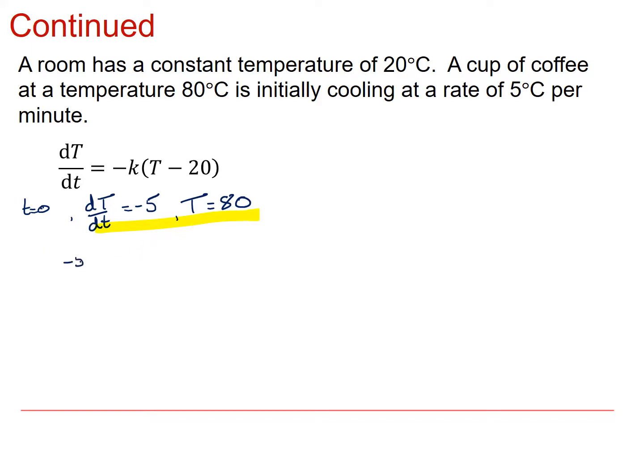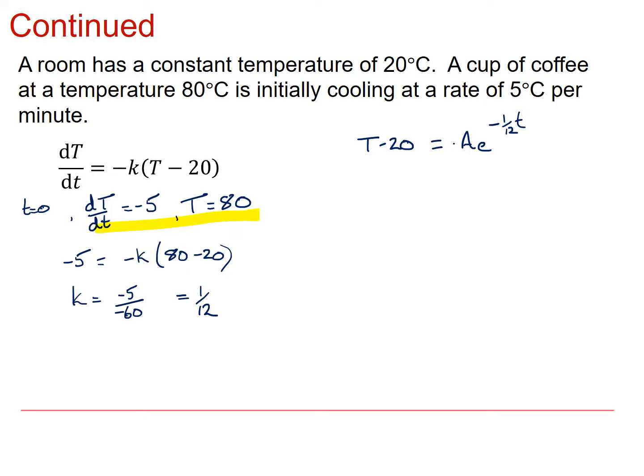I get minus 5 is equal to minus k times 80 minus 20. So that gives me that k is minus 5 over minus 60, which is 1/12. So my equation from the previous page then becomes that T minus 20 is equal to A e to the minus 1/12 of t.